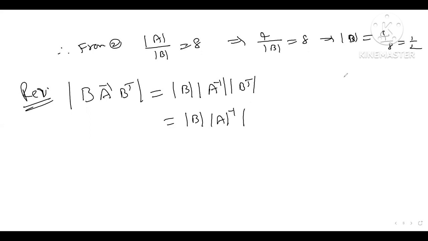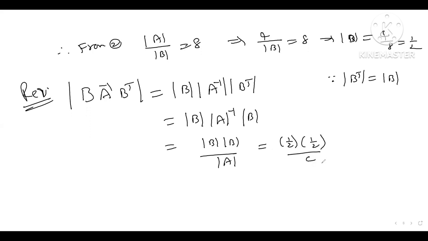Det B transpose, det of transpose of B, det of B both are equal. Here det B value already we have got it, 1 by 2. So det B into det B by det of A. So det B value 1 by 2 into 1 by 2 by det of A value 4. What we get here? 2 2 is 4, 4 4 is 16. 1 by 16 answer.